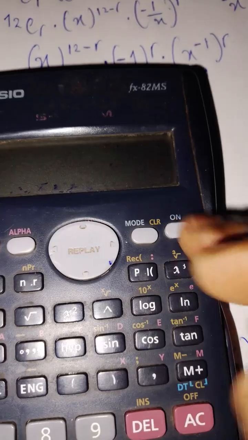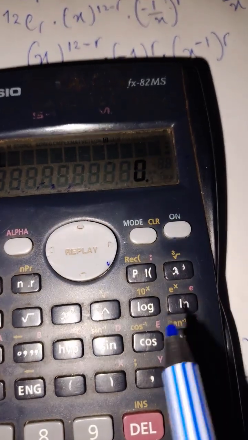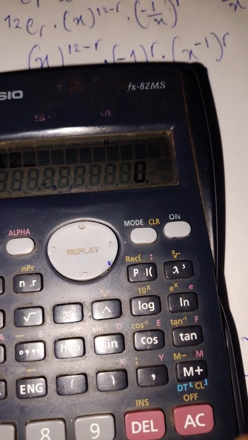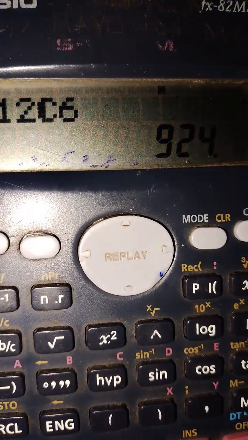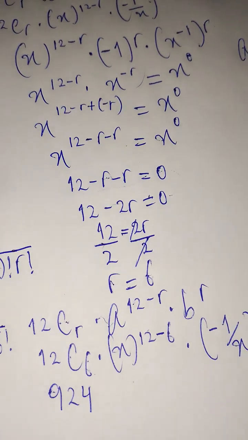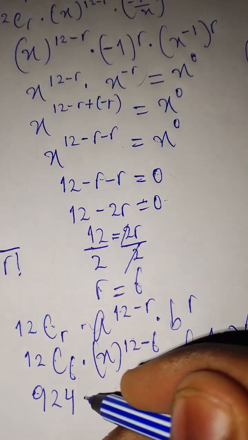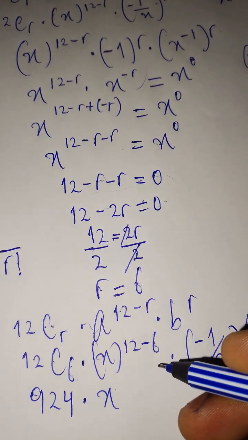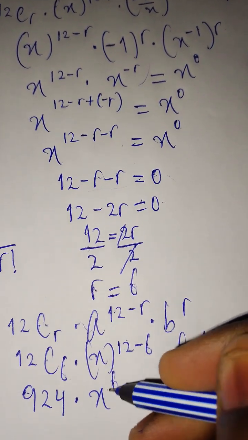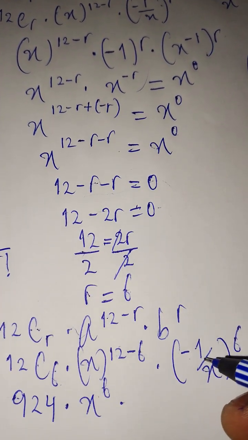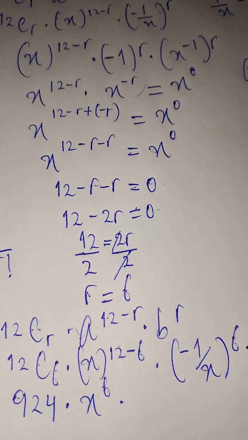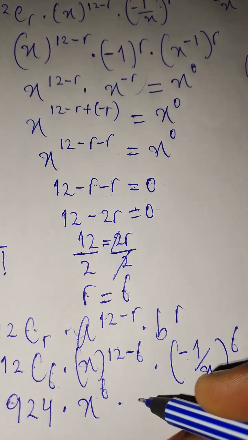Or you can just work it out on your calculator by saying 12 combination 6, and that is 924. Then we're going to multiply by x. 12 minus 6, that is 6, so it will be raised to the power 6. Then multiplied by negative 1 raised to the power 6, that is positive 1.